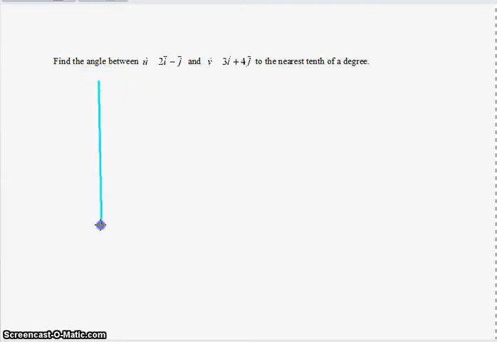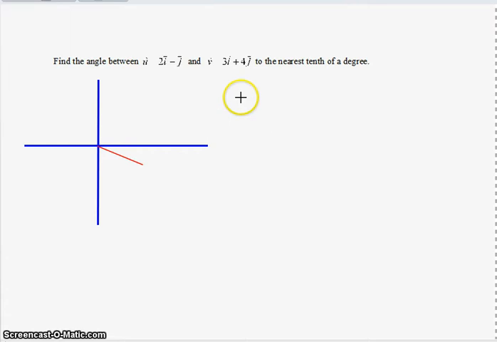So let's draw this out first. So I have 2i minus j. So 2 this way, 1 that way, more or less.